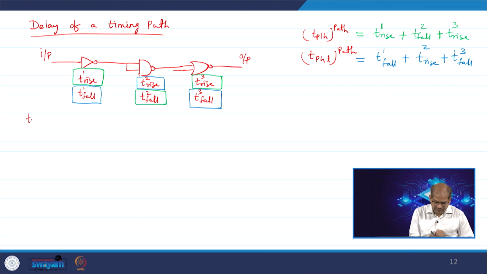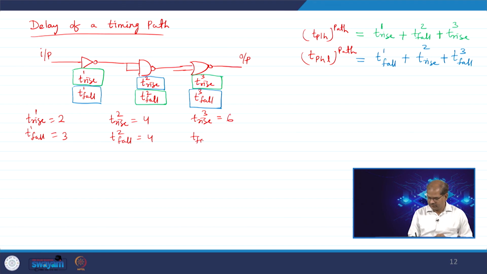T rise of 1 is, let us say, 2, T fall of 1 is basically 3, T rise of 2 is basically 4, T fall of 2 is let us say 4 and T rise of 3 is let us say 6, T fall of 3 is basically 3, say.